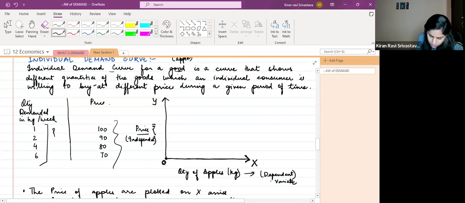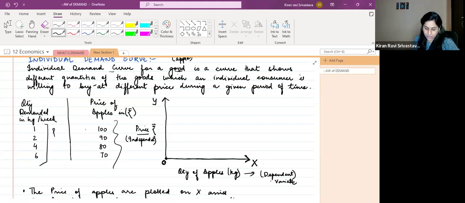Price of apples in rupees. See how I was making a grave mistake. So price was this. Okay, this is all in rupees. And price is written on the y-axis and quantity is written on the x-axis.